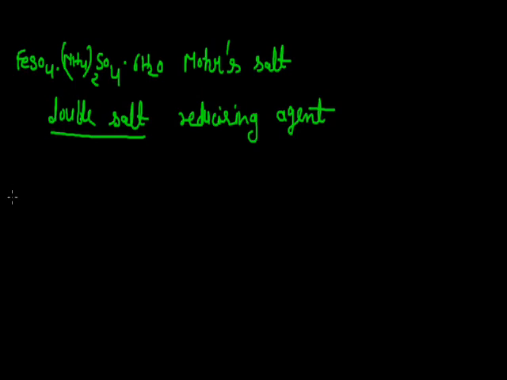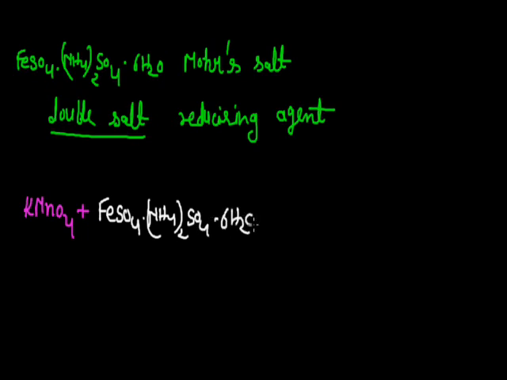So if we take the example of KMnO4 with ferrous ammonium sulfate or Mohr salt, then KMnO4, whose color is violet, reacts with ferrous ammonium sulfate, a colorless compound, and this reaction is performed in the acidic medium, in the presence of dilute H2SO4, which is also colorless.